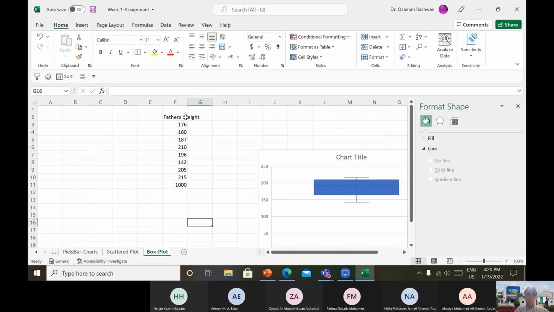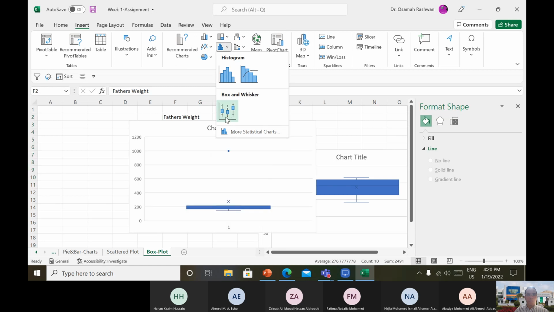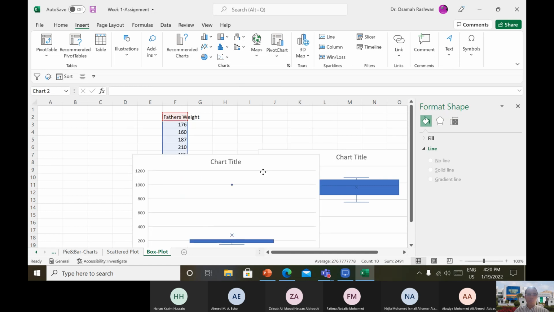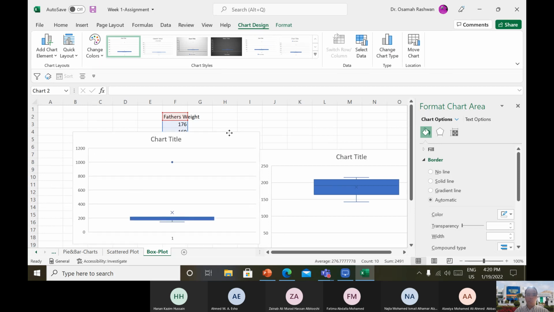And I go for the recommended chart, as you said. Okay, you have an outlier. What is your outlier? It's 1000, right? Because it doesn't fit with this data. Can you have someone weighing 1000 kilograms? Maybe, but it will not be considered in your data analysis.